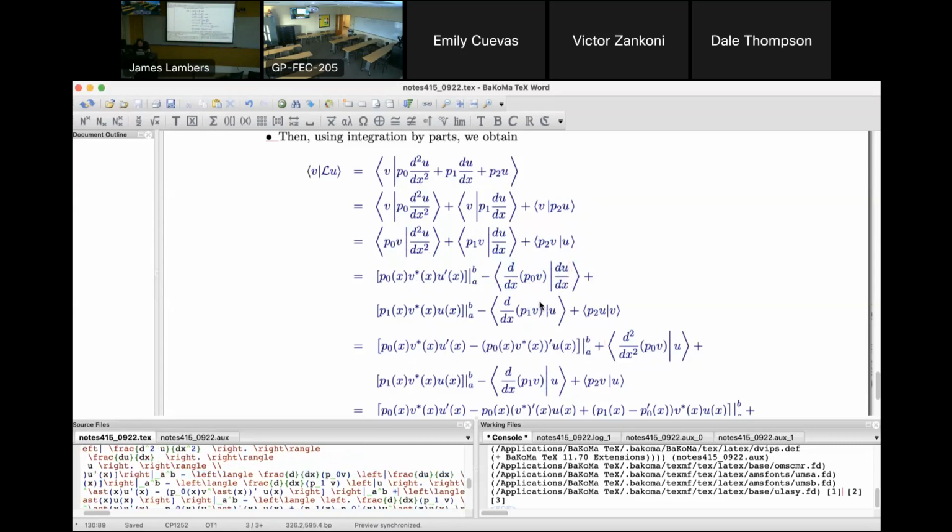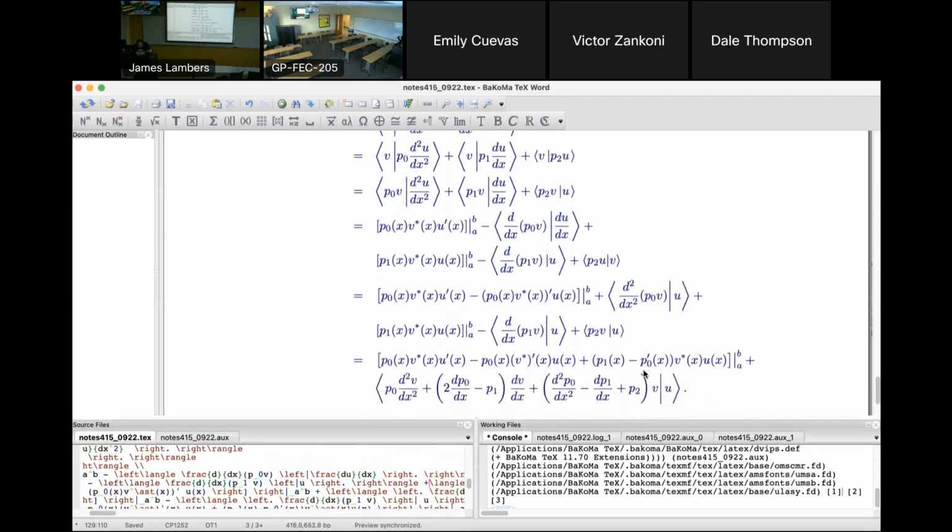So we have the derivative of P0V playing the role of the U from the integration by parts formula, and then this is the dV. So V in this case is U. This part stays the same, going from here to here. Didn't need to do anything to it. So all the integration by parts is now completed.